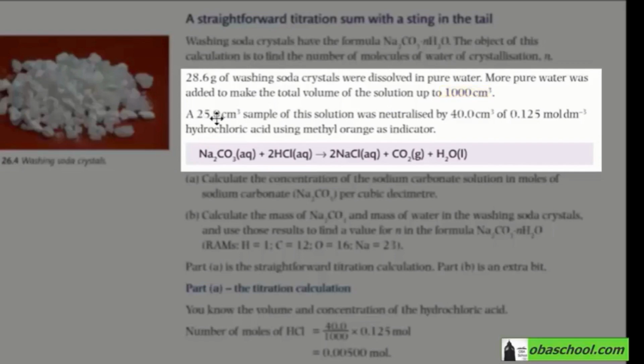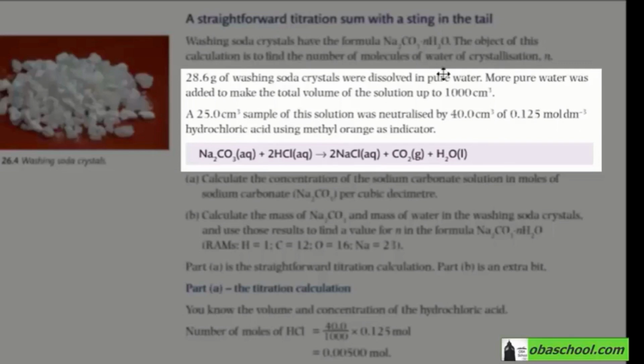A 25 centimeter cubed sample of the solution. So we took from the 1000 centimeter cubed a 25 centimeter cubed sample of the solution and it was neutralized by 40 centimeter cubed of 0.125 moles per decimeter cubed hydrochloric acid.